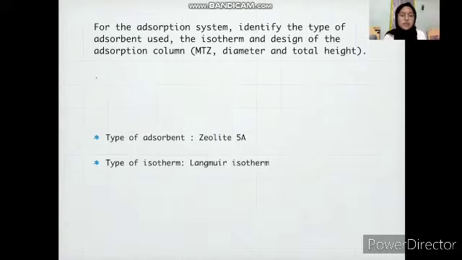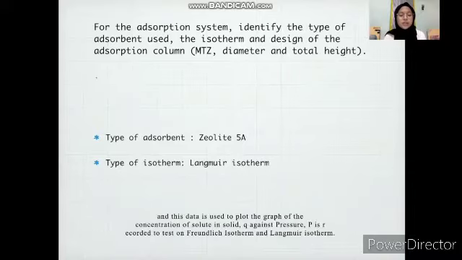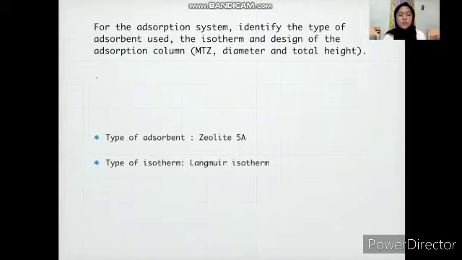And next, the type of isotherm that we have acquired is Langmuir isotherm. So the equilibrium data for zeolite 5A is acquired at a constant temperature, and this data is used to plot the graph of the concentration of solid, Q, against pressure P, which is recorded to test on Freundlich isotherm and Langmuir isotherm.